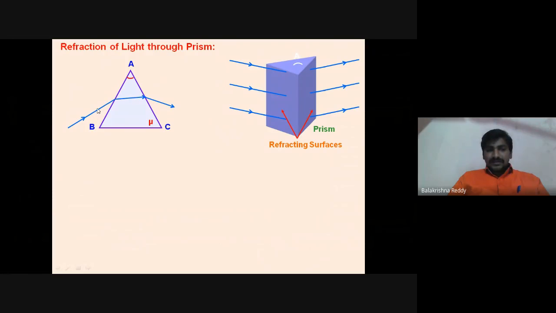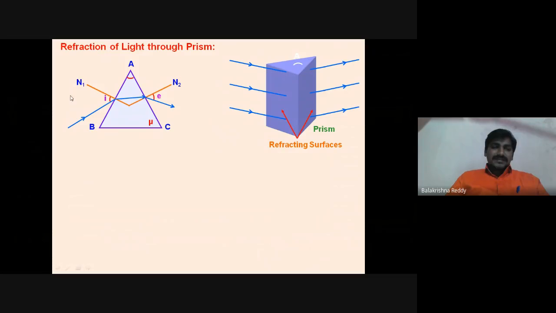It is supposed to go like this if there is no prism, but it is bending towards the base of the prism. In the same manner, the second refraction also is bending towards the base, right? So this is normal one, this is normal two, you can see.